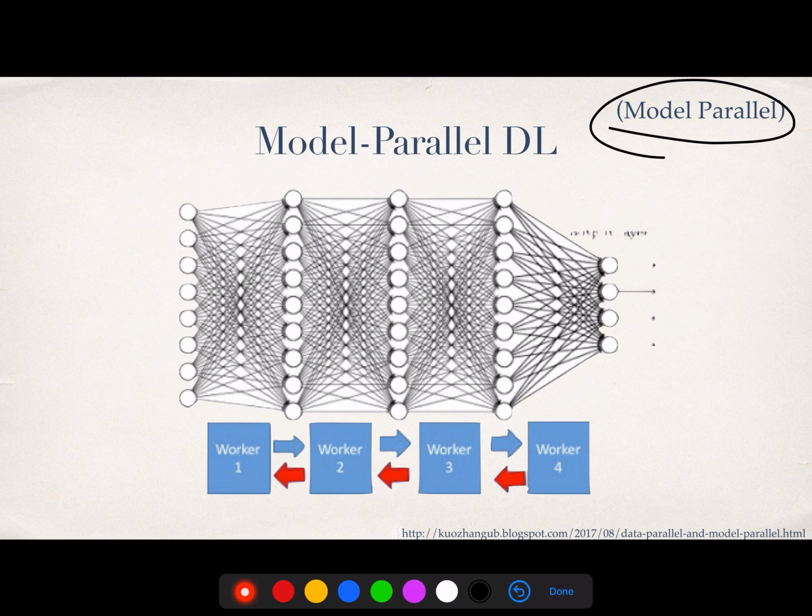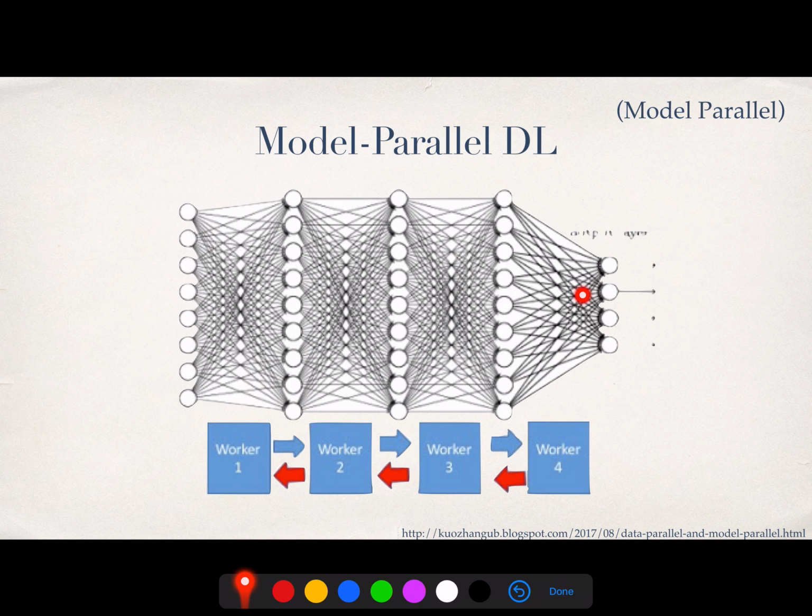There is a different way to parallelize training, which is kind of orthogonal, so it can be done independently of what we discussed. And that is to parallelize by giving different parts of your model to different workers. This is called model parallel. It's a bit more challenging, but the idea is simple.